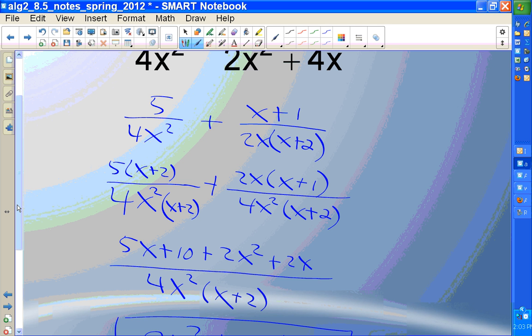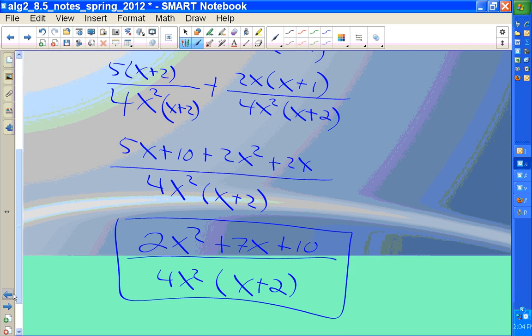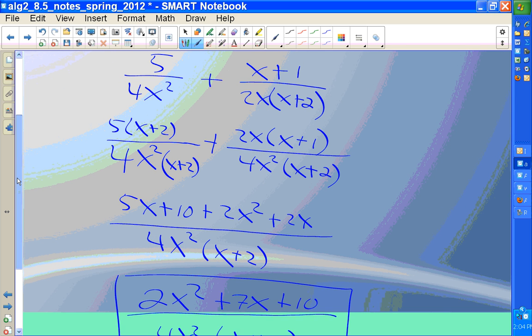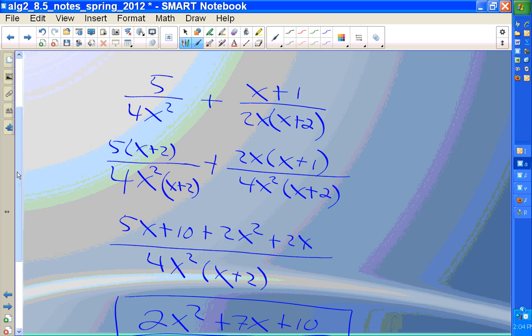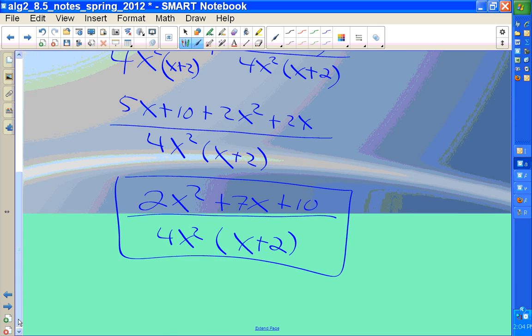But not this line. Your next line says 5x plus 10 over 4x squared times x plus 2, plus 2x squared. Perfect, so that's fine. It's when you try to go from here to here that you're going to have problems. Now, you didn't have this step, but you did distribute. That's the step you're going to need to show. Can't you factor? I don't know. Can you?